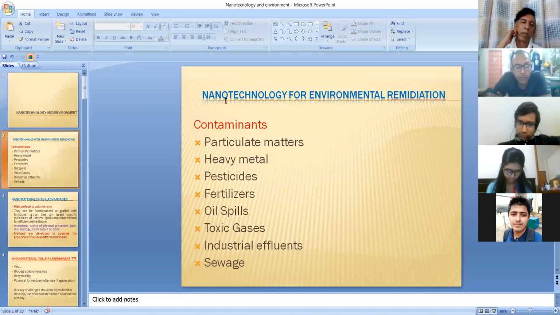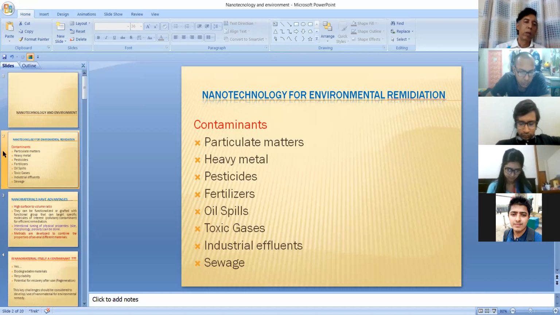How can we measure or deal with particulate matters? How can we measure heavy metals, or how can we reduce the amount of heavy metals in the environment, or remove the heavy metals from the environment? We know.